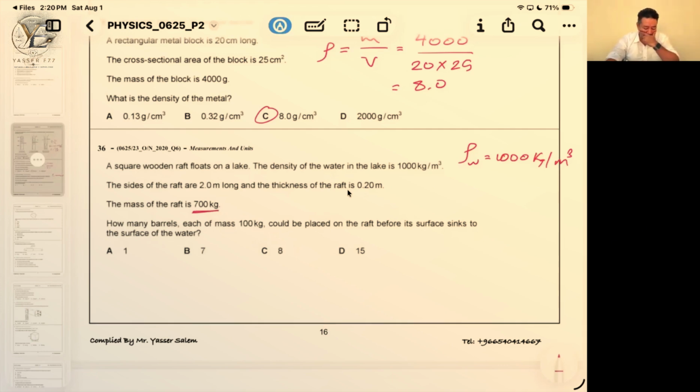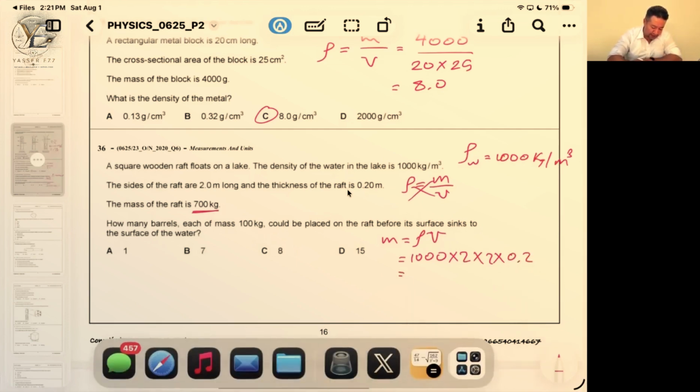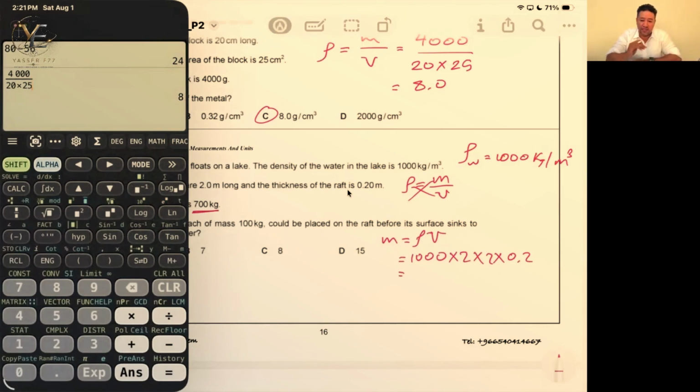Okay, guys, let's see here. Bismillah ar-Rahman ar-Rahim. We are going to find the mass. Density equals mass over volume; rearranging the equation, making the mass the subject, mass equals density times volume. The density is 1,000, and the volume is 2 times 2, the area, by the thickness of the immersed part, 0.2. This finds the mass of the water displaced by the immersed raft.